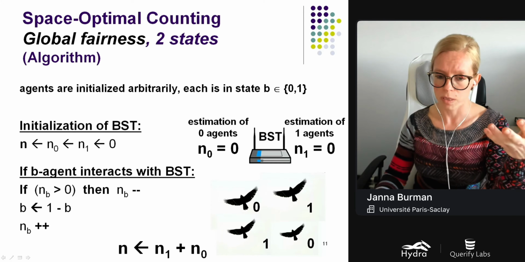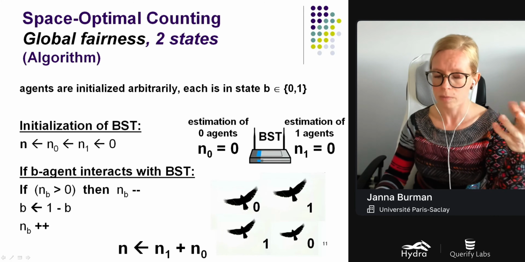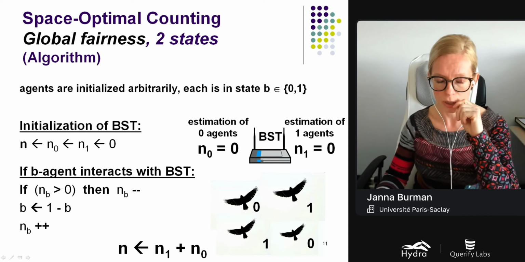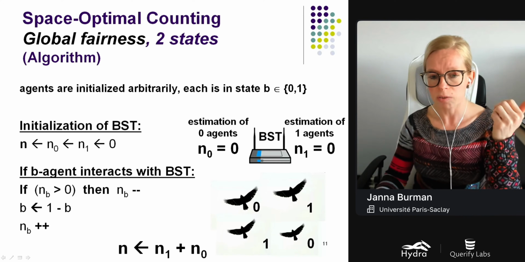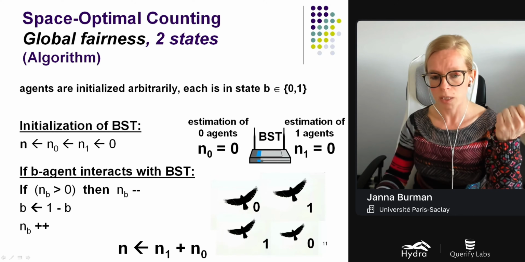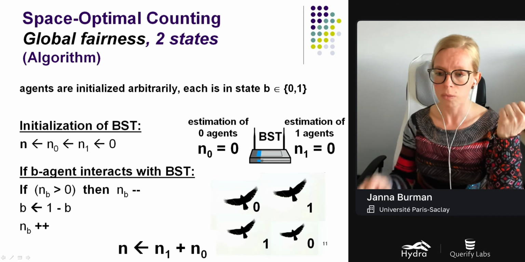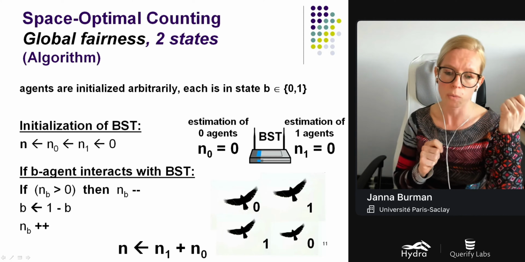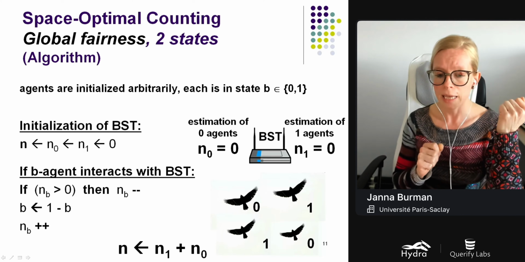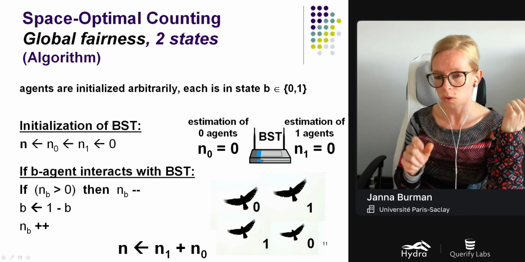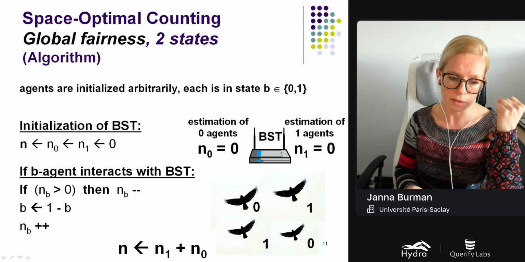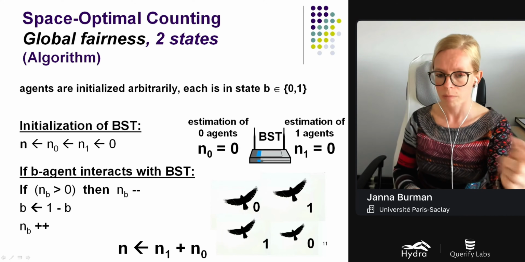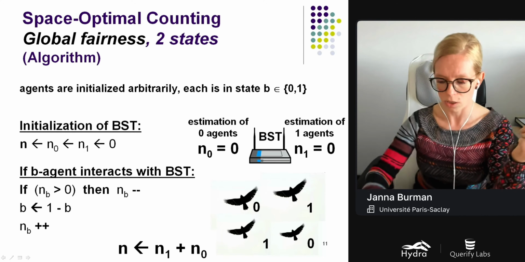They just interact with the base station, and all the program is placed in the base station. So what are these three counters? n0 estimates the number of 0 agents, n1 estimates the number of 1 agents, and n is the sum of the two. We update n to the sum of the two at each interaction between a base station and an agent.